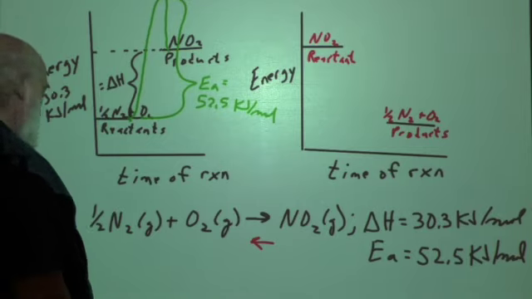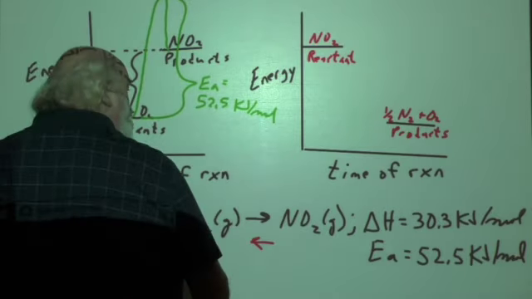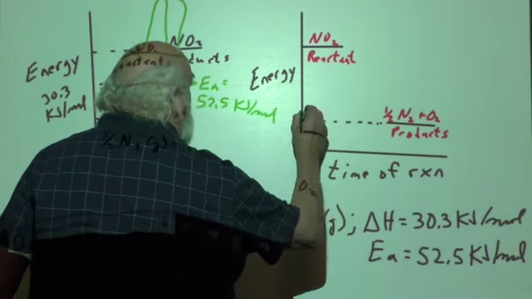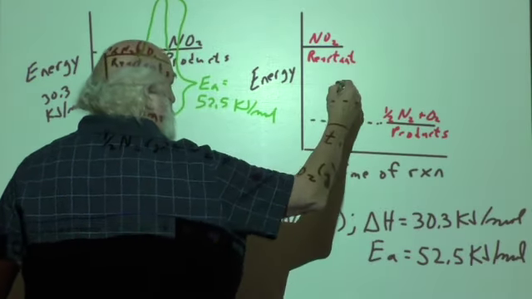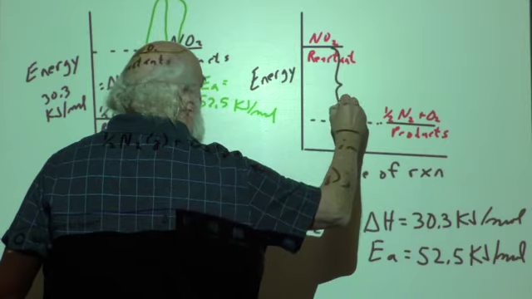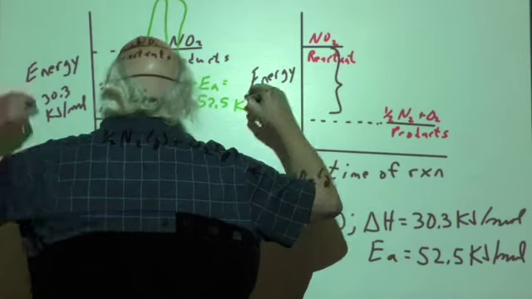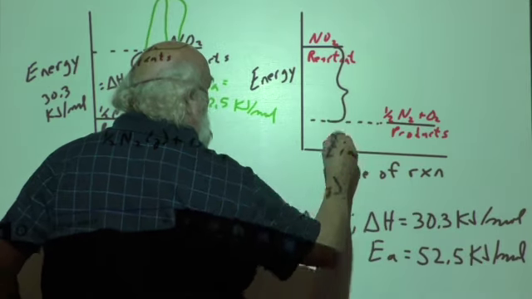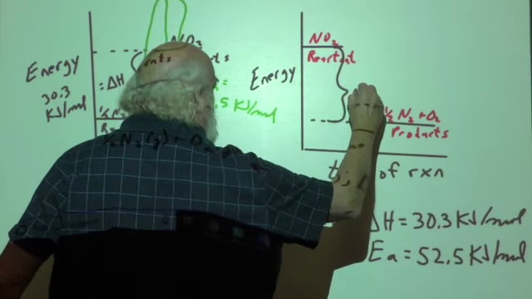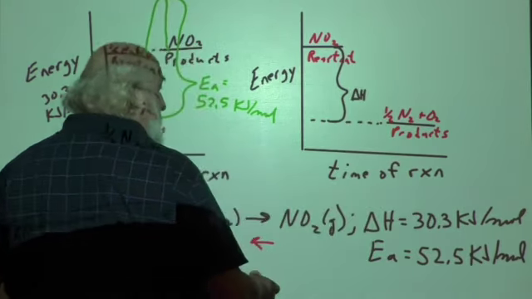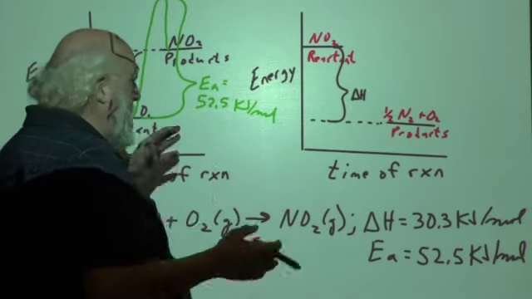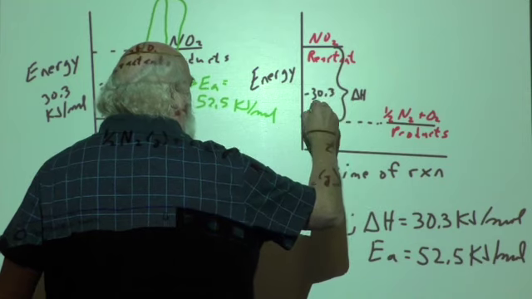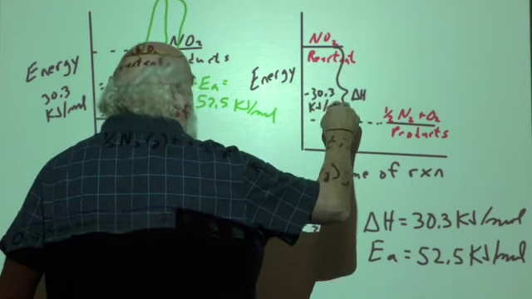Okay? So, let's first of all identify where our delta H is, and again, it's the difference between the two levels. Right to that level, delta H. And we said that that is now going to be, since it's going down, negative 30.3 kilojoules per mole.